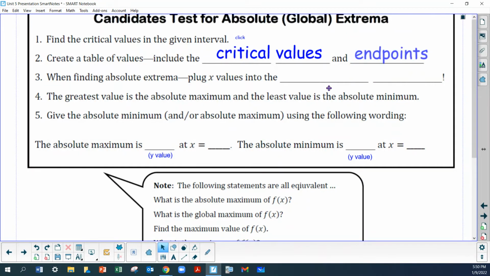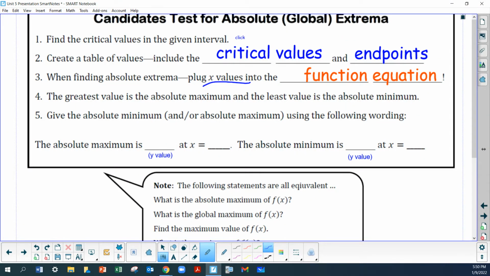When finding the absolute extrema, we'll take our critical values as well as our endpoints and plug those x values into the original function, the y equals or the f equals.